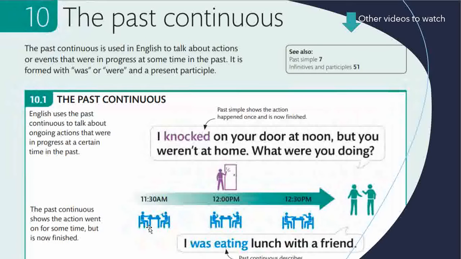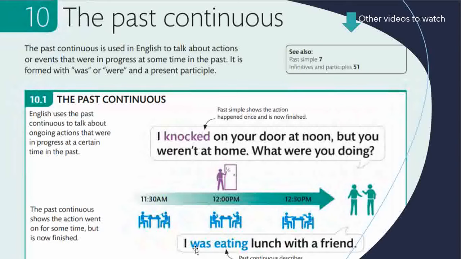That is the reason it is called past, and because the action continued in the past, it is known as the past continuous tense. Say for example, we are in the present zone and we are talking about something that happened in the past. I was eating, so the eating continued from 11:30 to 12 p.m., then 12:30.